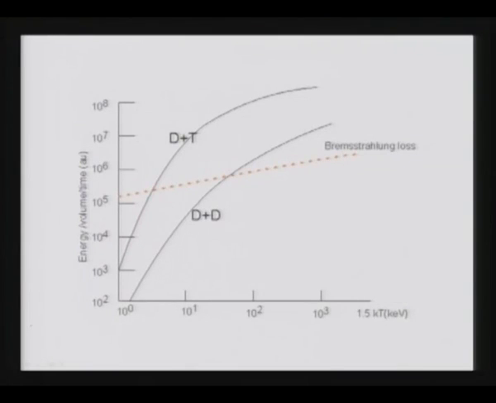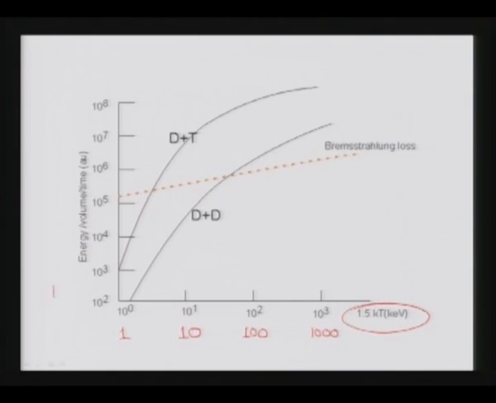So, here you see on the screen, on the x axis, the horizontal side, it is the kT, 1.5 kT here. This is as a function of temperature we are plotting, and this is a log scale. So, this is 10 to the power 0, this is 10 to the power 1, 10 kV, this is 100 kV, this is 1000 kV, and so on. These are all in kVs.